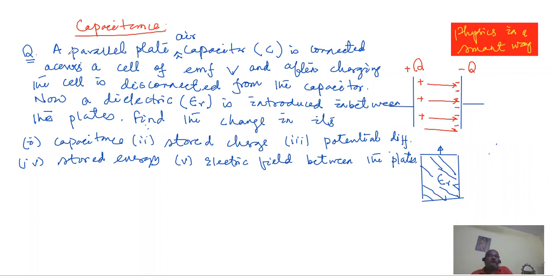Okay, I repeat the question again. A parallel plate air capacitor is connected across a cell of EMF V, and after charging, the cell is disconnected from the capacitor, but the charges stay with the capacitor. Now a dielectric, an insulator, non-conductor or poor conductor, whose dielectric constant is epsilon r, is introduced between the plates.